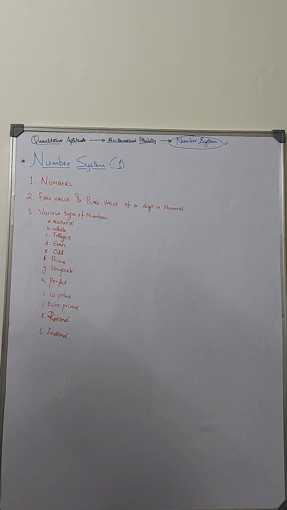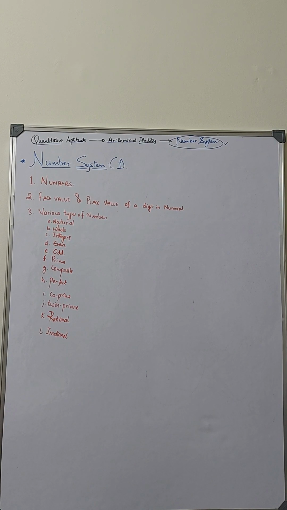With respect to number system, first comes the numbers. Basically, what are numbers? Numbers are nothing but, as we all know, 0, 1, 2, 3 and so on.